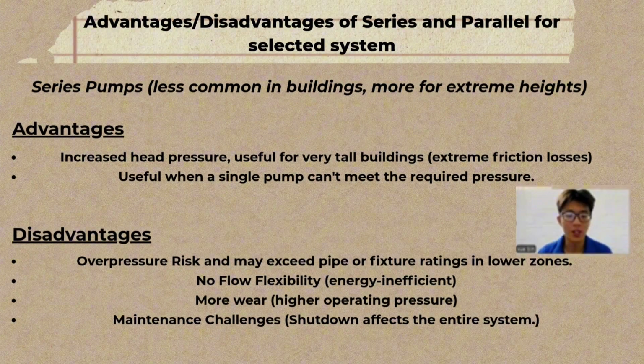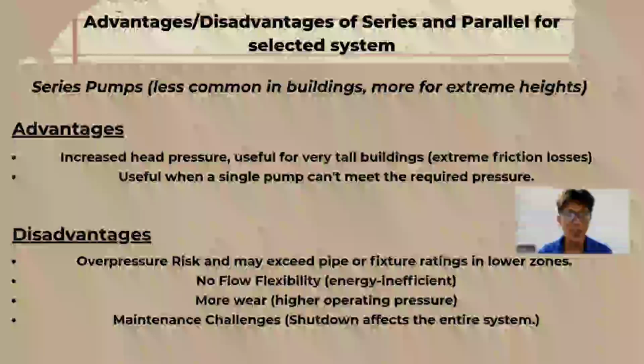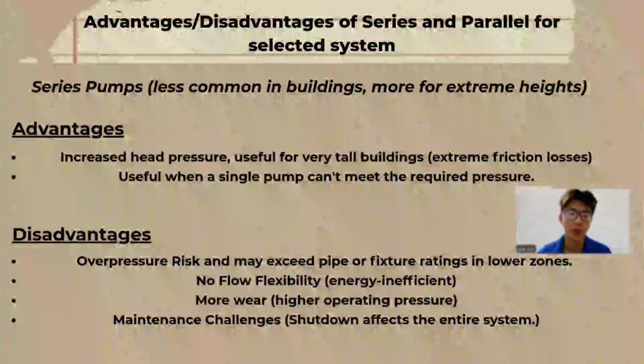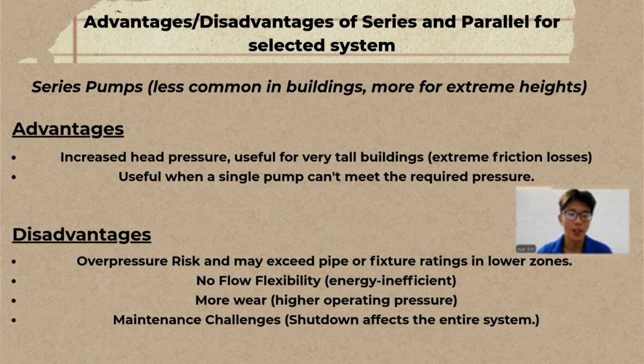So now go to the disadvantages. The first one is that it has an overpressure risk and may exceed the pipe or fixture rating in lower zones. The second is that the series pump has no flow flexibility. It is energy inefficient because all the pumps must run even at low demand.